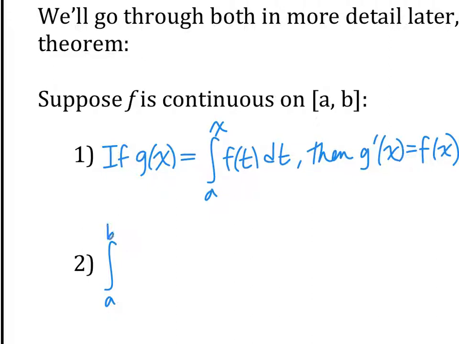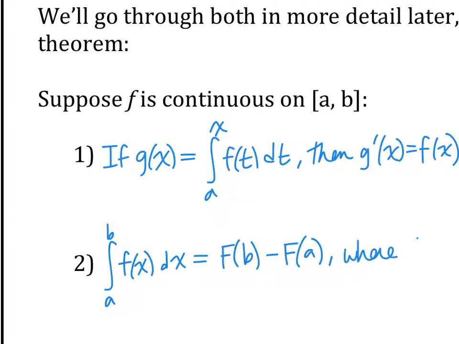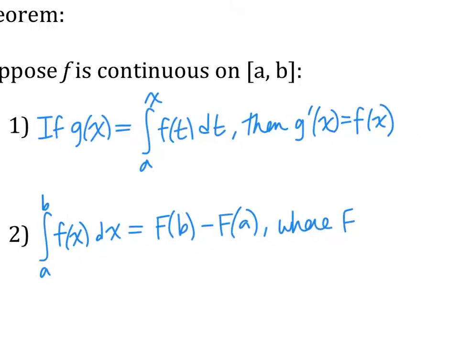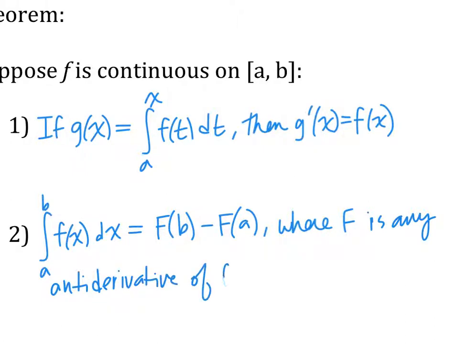The integral from a to b of f of x dx is equal to big F of b minus big F of a, where big F means the integral function, and big F is any antiderivative of f.